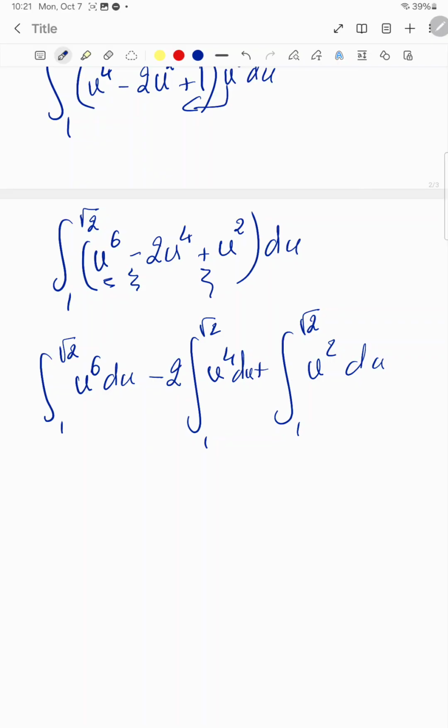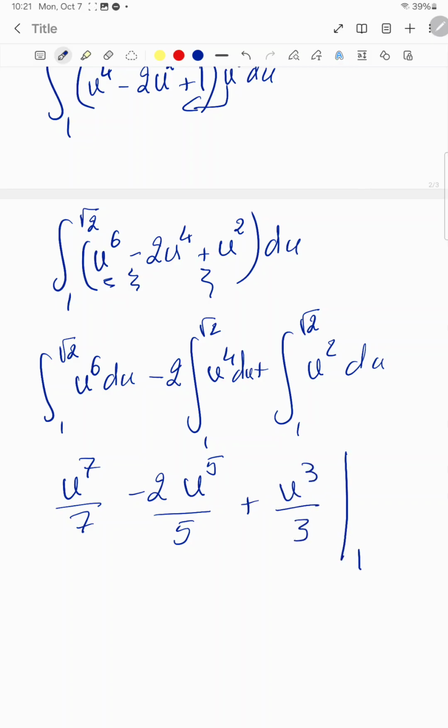And this is easy to solve. That becomes u to the power of 7 divided by 7 minus 2u to the power of 5 divided by 5 plus u to the power of 3 divided by 3, and all that between 1 and square root of 2. Now I have to replace all u's by square root of 2, and then put minus and replace all u's by 1.